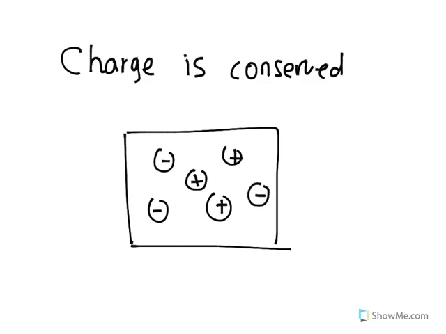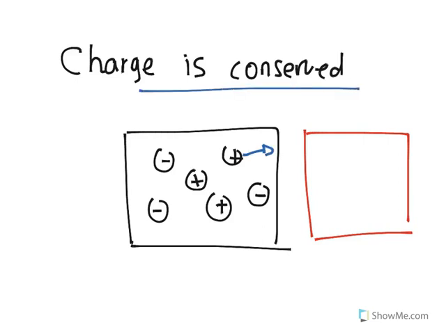For instance, if I introduce any interaction with another system, these charges might move, but they will remain conserved in the system. So the principle of conservation of charge states that although these charges can move, they will remain constant.